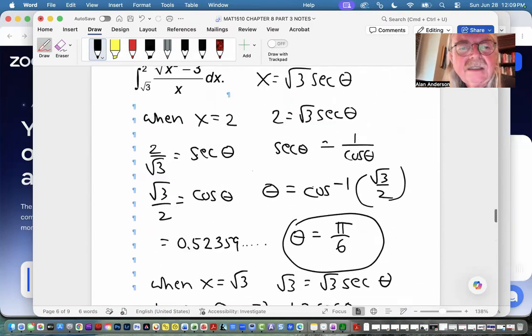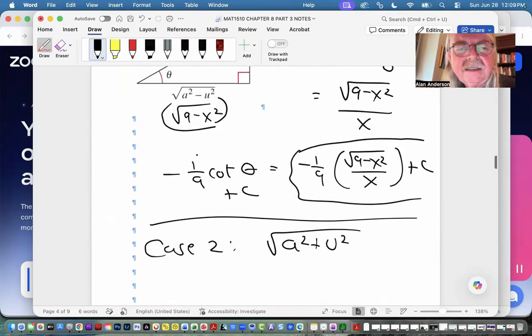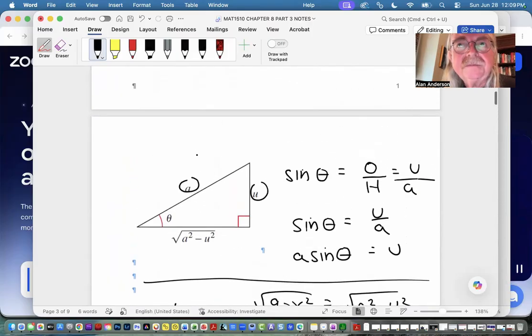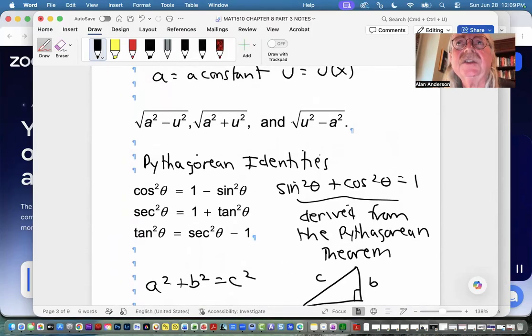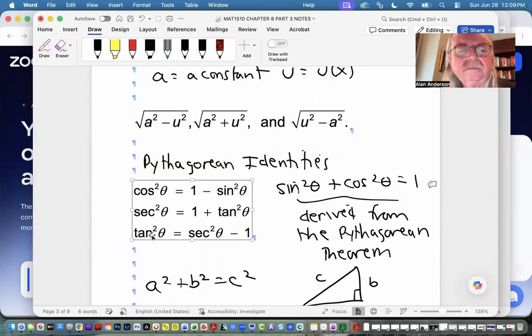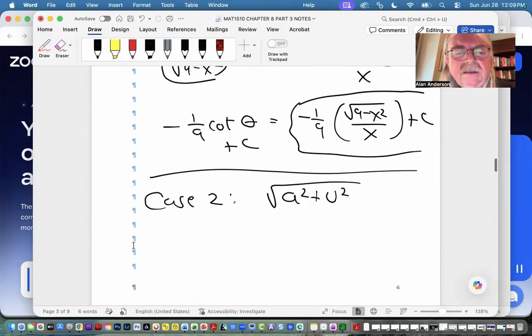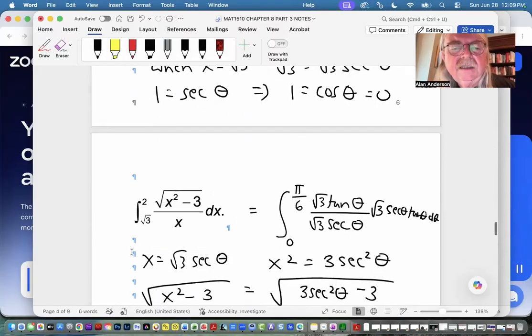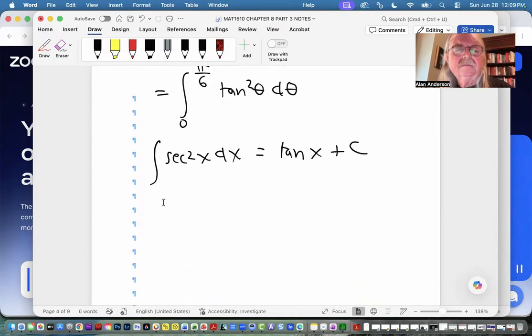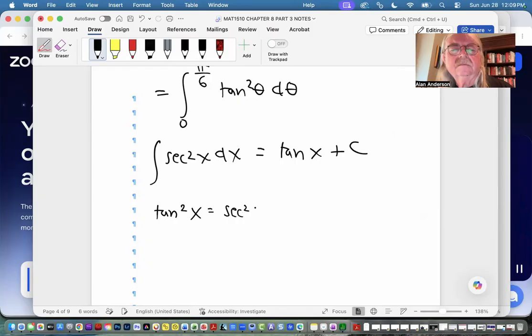Let's go get one. Let's see. Way at the top, we have them all listed. And you'll see that there it is. The one we want is right here. Tangent squared theta is secant squared minus 1. That's right.